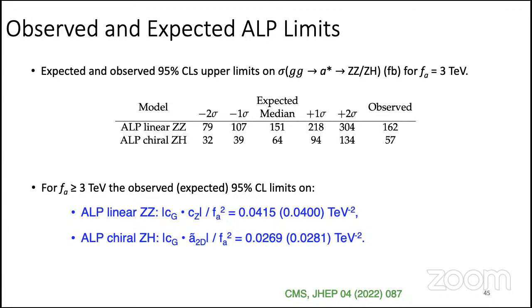This is the first time that this kind of process is measured at the LHC. And right now, the colleagues from Madrid are working to constrain the cross sections, but in vector boson fusion. And that's it.